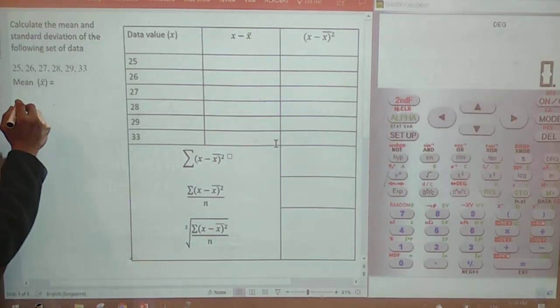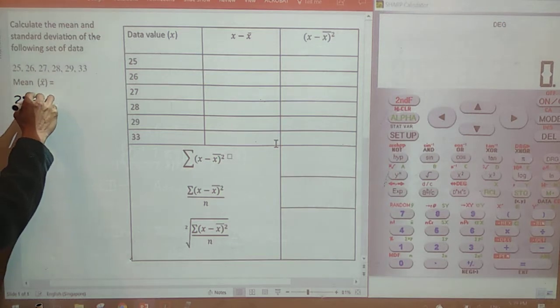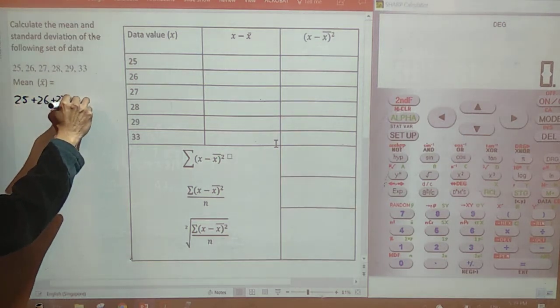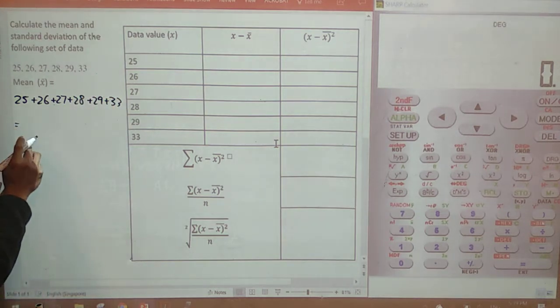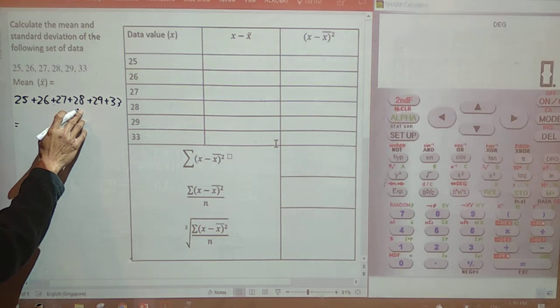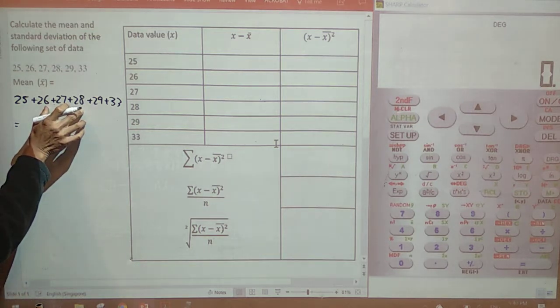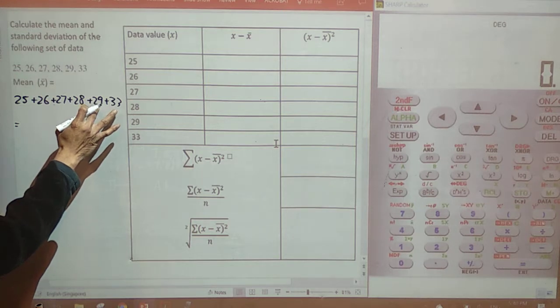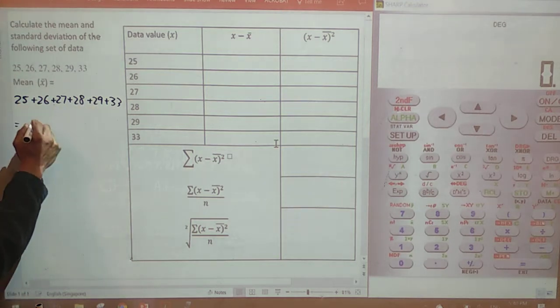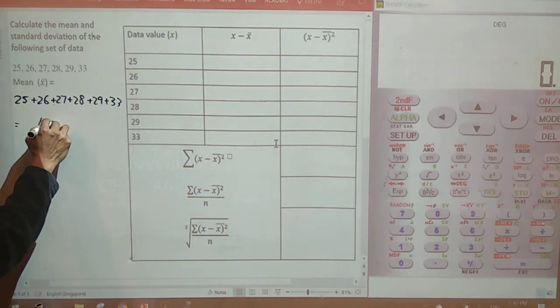So what we're going to do is add all these values together. 25 plus 26 plus 27 plus 28 plus 29 plus 33. That would give us a total of 165.